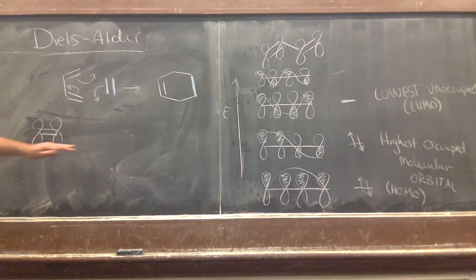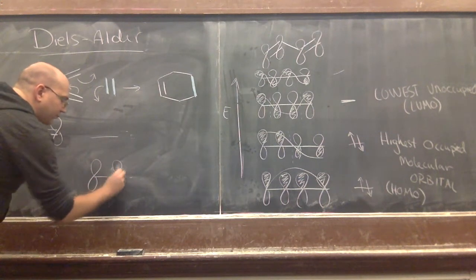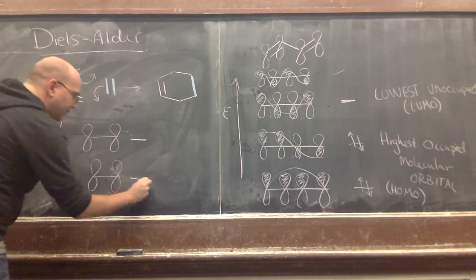Using what we learned over here, how many different orbitals are we going to have? Previously we had 4 because each double bond was bringing a pi star and a pi bonding orbital. In this case, we're only going to have 2: the pi bond and the pi star. That's all we're going to have.